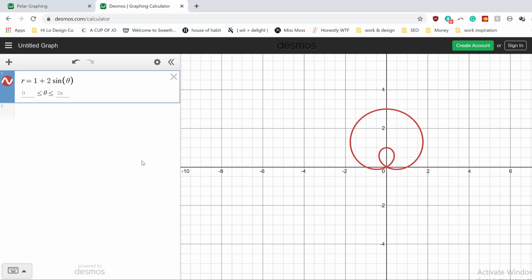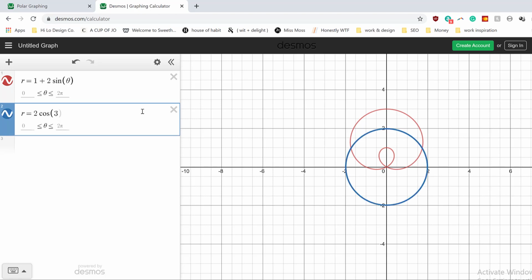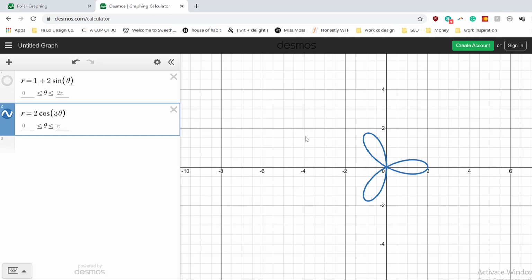If I want to instead do R equals, I don't know, 2 times the cosine of 3 theta. There's our 3-petaled rose or flower.